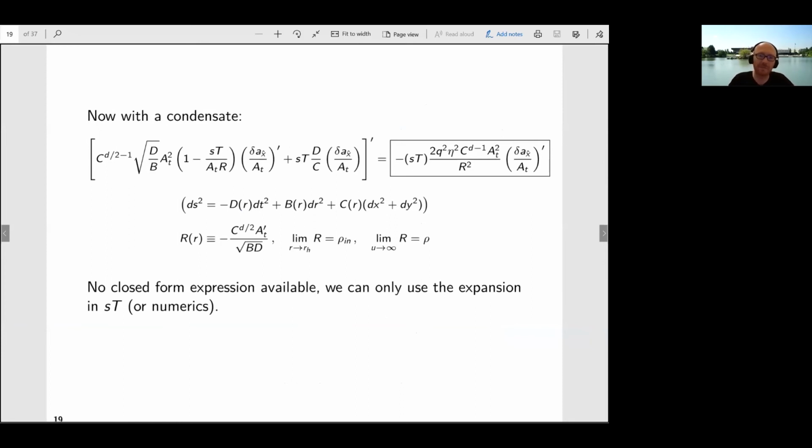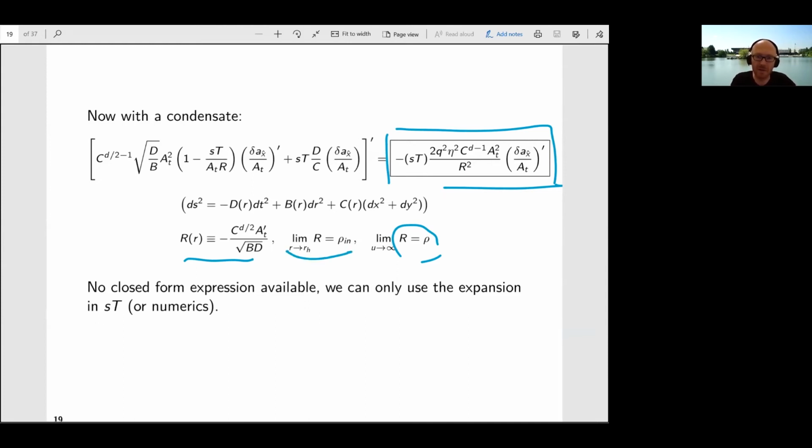So let's do that. Now, once we have the condensate, we have a new term, which is this guy on the right-hand side of the equation. And with a condensate, this R, so this is still the electric flux, at the UV gives me the total charge density, but at the horizon, it gives me only the charge behind the horizon.